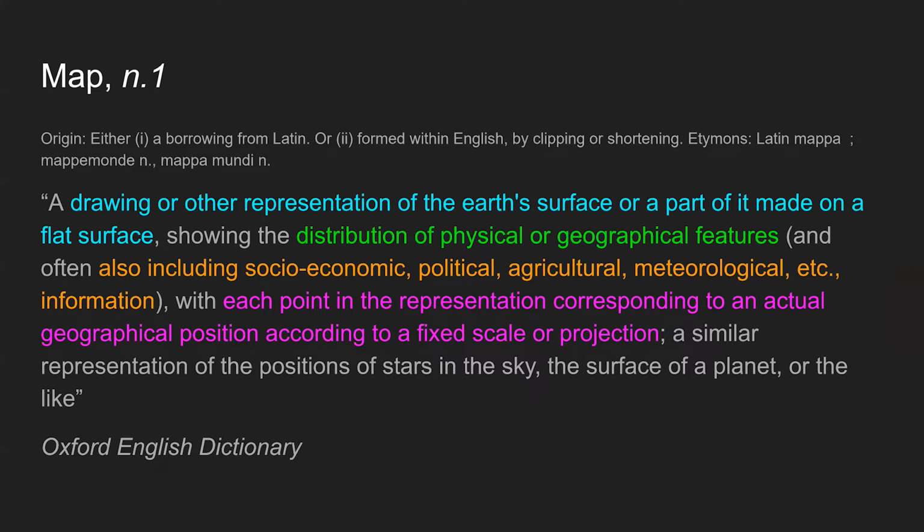If you show the distribution of physical or geographic features, and it has these points of representation in some form of uniformity, like scale or projection, what you're doing is presenting an abstraction from the real world.